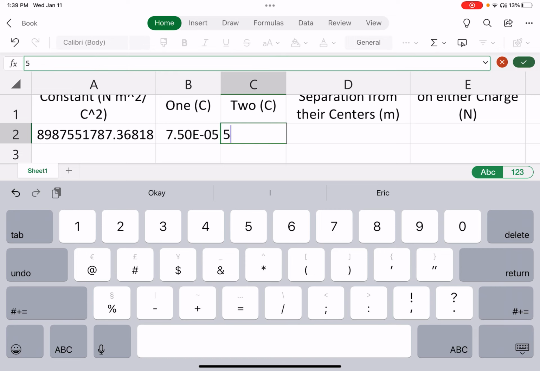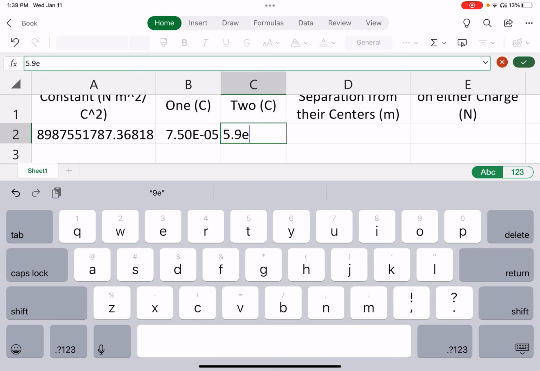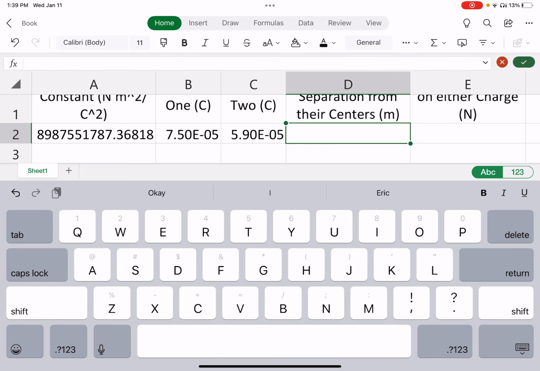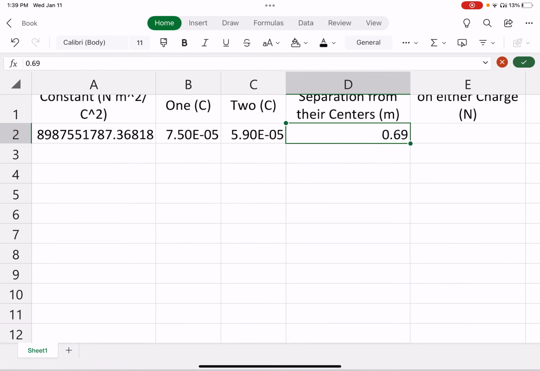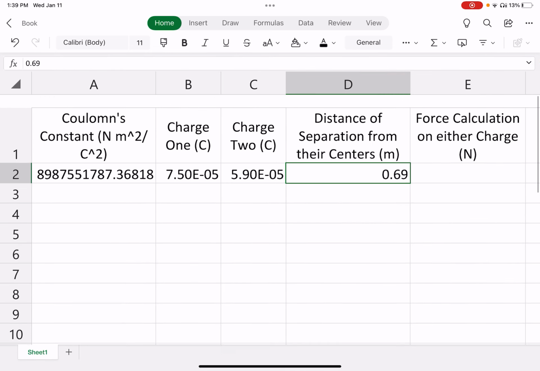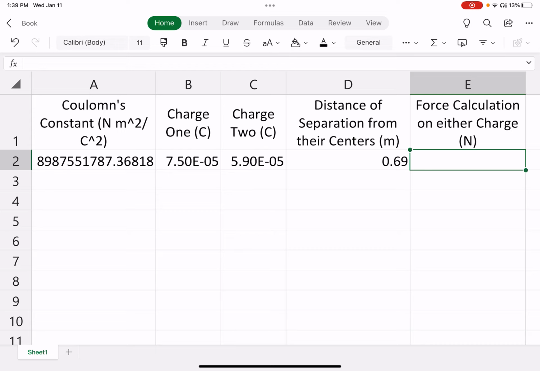So we're going to have 5.9e negative 5. All right. So I have that in, and now I'm going to put in my distance. It's going to be 0.69, so it's almost a meter apart, or three quarters of a meter apart. It's even better.